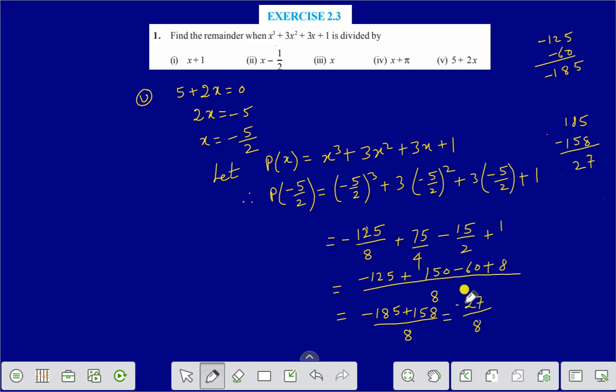Therefore the remainder is minus 27 by 8. That is the answer.